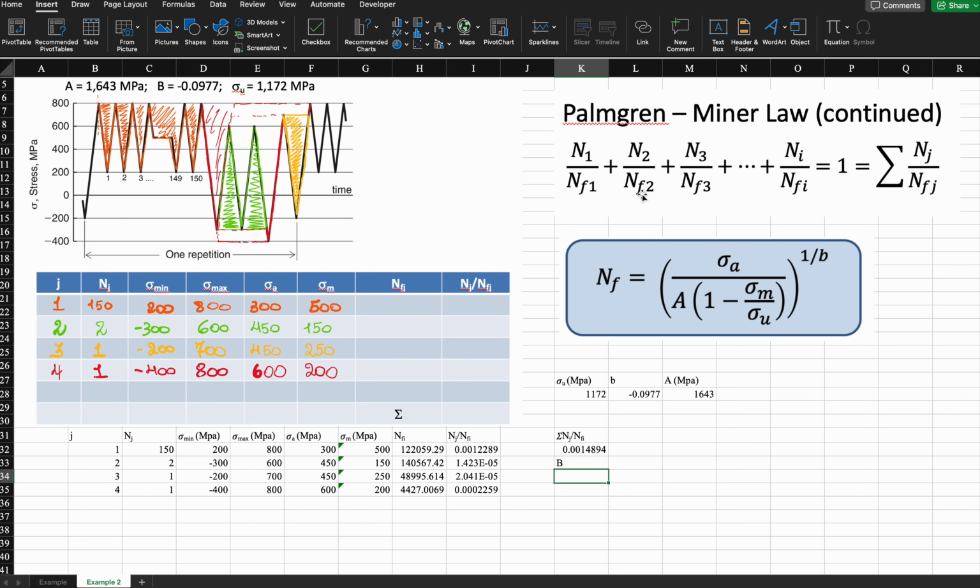How many times can these 4 things repeat? So it's like these are multiplied by a factor B. And so if I do 1 over all of these, then I can solve for B. So that's what I do. I do 1 over all of these, and my B is 671. So I can have this repetition 671 times before failure.